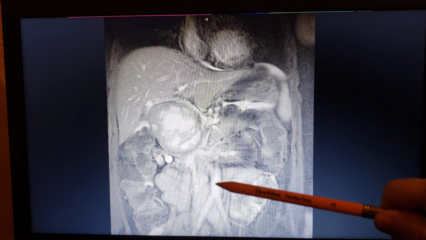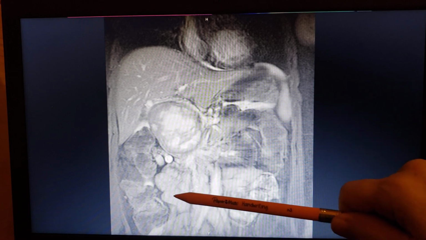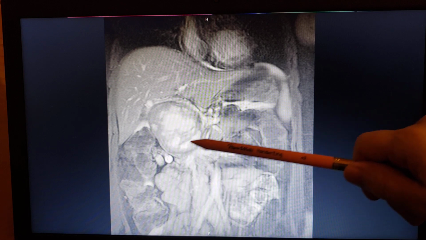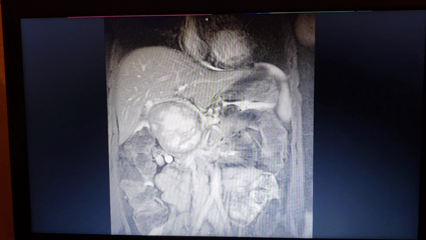You can even see vessels. Isn't that cool? But this right here is very abnormal. It should not be there. If you haven't already noticed, that is a tumor. So you can see with the MRI that it provides a better view of the contrast between normal and pathologic tissue. Much better picture in your MRIs.